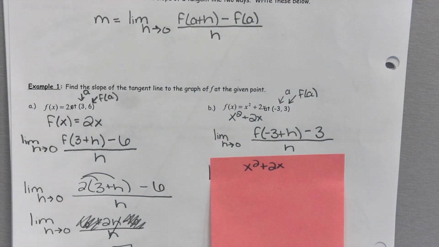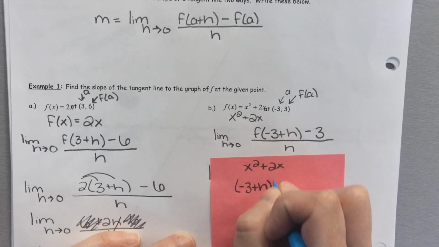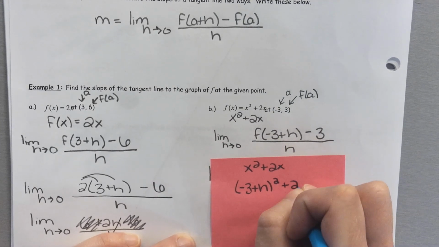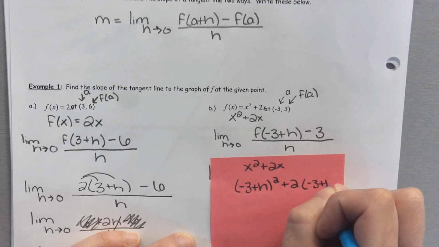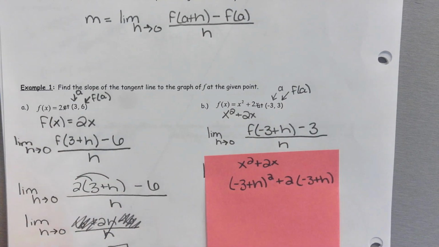And do you see how I want to plug in this? I'm just going to calculate what that is and then go back to my paper in a second. Because do you see how that's going to be kind of a lot of work to actually plug in? So watch what happens. If I plug this in, it's going to be negative 3 plus h squared plus 2 times negative 3 plus h. So do you see how I'm plugging that in place of x, and it's going to be a lot of work.